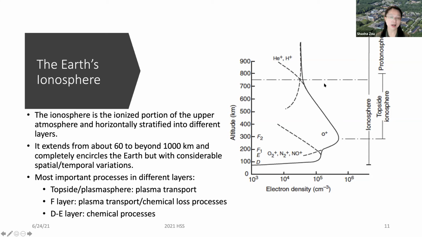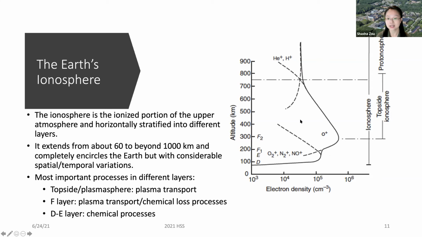When you move to even higher altitudes, where the even lighter plasma becomes the dominant one, like the protons and the helium, we start to migrate away from what we call the ionosphere to the plasmasphere, or in the earlier days called the protonsphere. Based on the name, you can see the proton will be the dominant species, right?